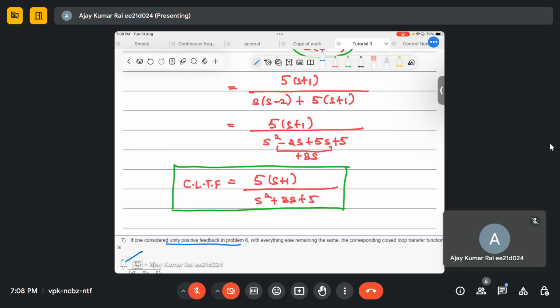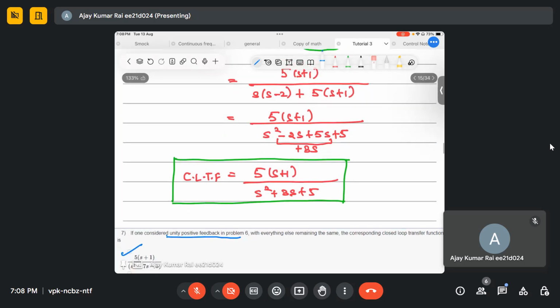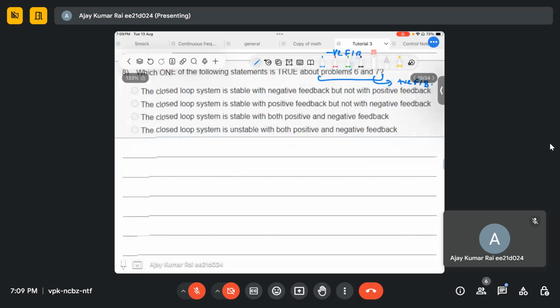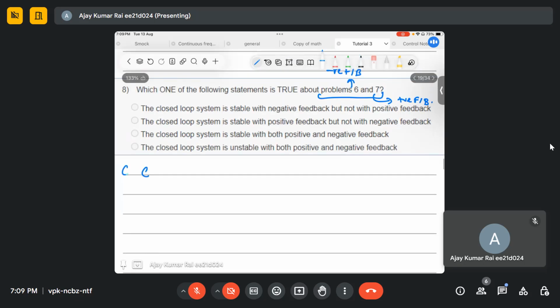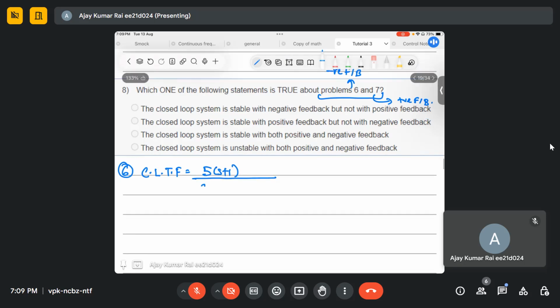Okay, so this is the transfer function. If you want to find out the closed loop poles, let me write the two transfer functions here. For question 6, the closed loop transfer function is equal to 5 into (s plus 1) divided by s square plus 3s plus 5.